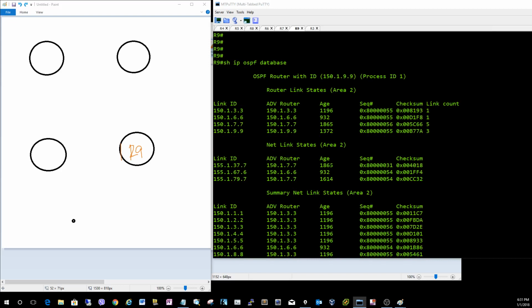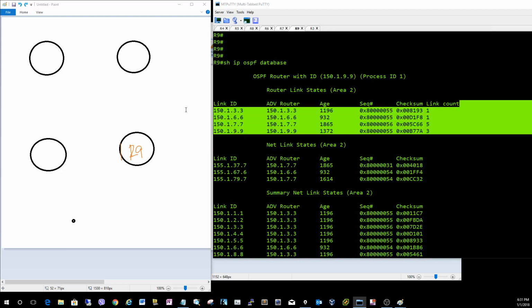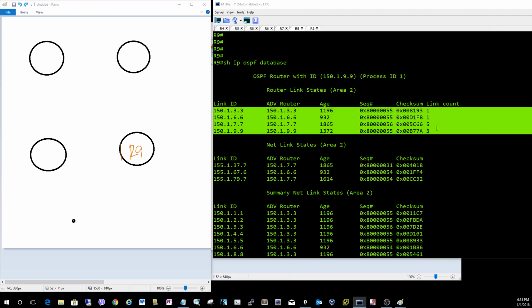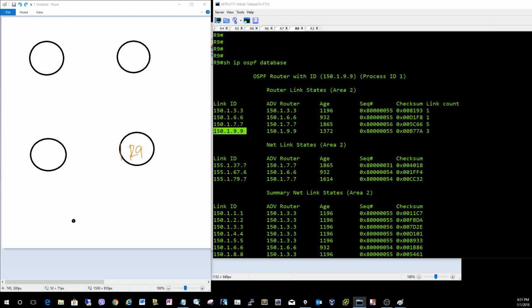So let's review the LSA types. The first thing that you will see here would be the LSA type 1s. Here we can establish how many routers are in that area. In this one, we can see 4 routers, namely 150.1.3.3, .6.6, .7.7, and .9.9. Remember, these are router IDs. And where do they get the router IDs?